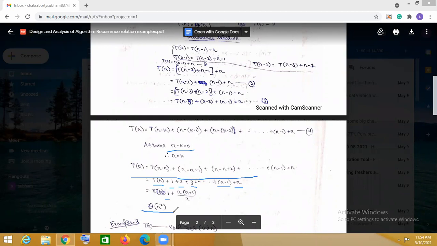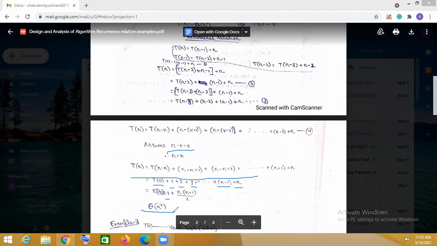If you want to solve a recurrence relation, always try to first use the recursive tree, and then solve the recurrence relation using the substitution method. The two results will be the same. If the two results are different, then there is a problem in your solving.